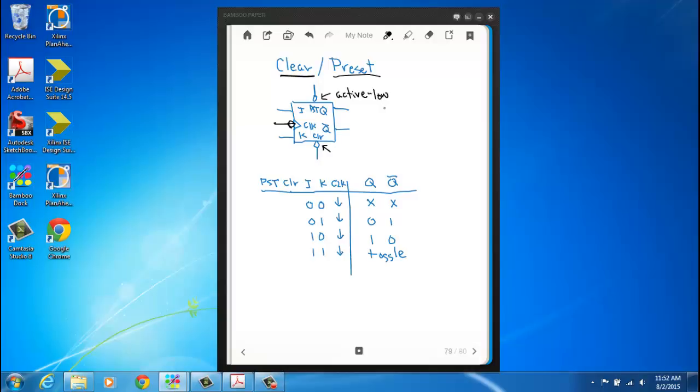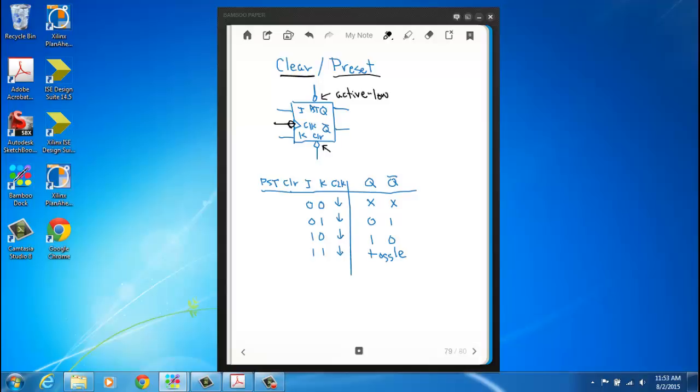So I think the easiest way to show how preset and clear works is to take the truth table of the JK flip-flop that we had earlier and then just see how it's modified by these two inputs. So first of all, if preset and clear are not activated, well then the outputs of the flip-flop are just going to be determined by the other inputs.